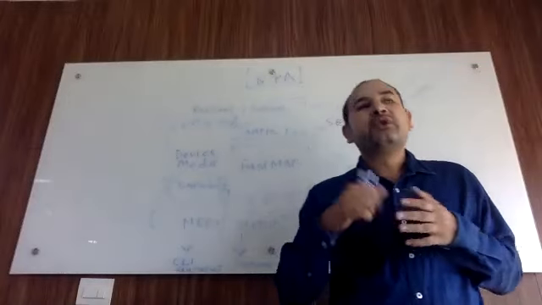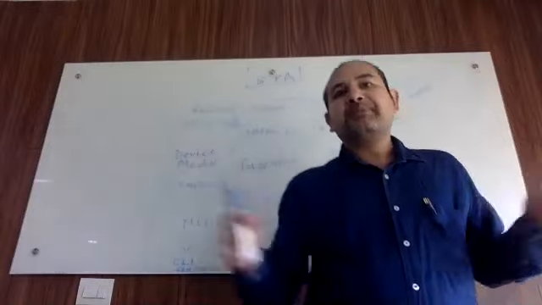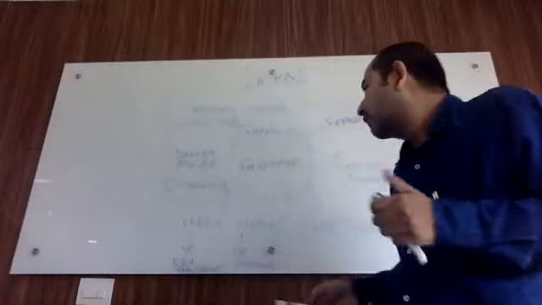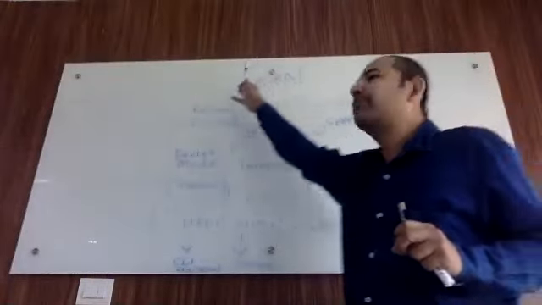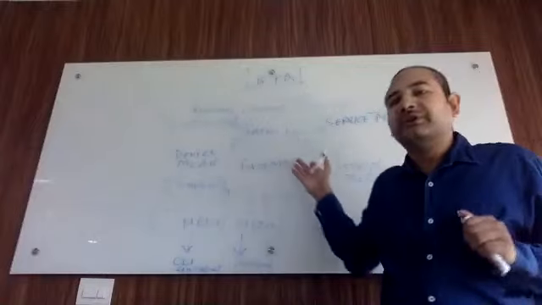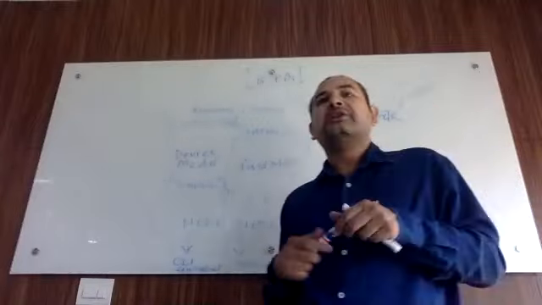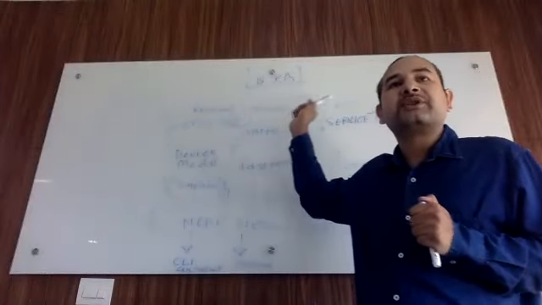There were no workflow capabilities, and in order to give a complete package to the end customer, we had this very nice tool, but without a proper UI and a workflow, the usability of all this was getting a bit diminished. So we created this BPA, business process automation tool.